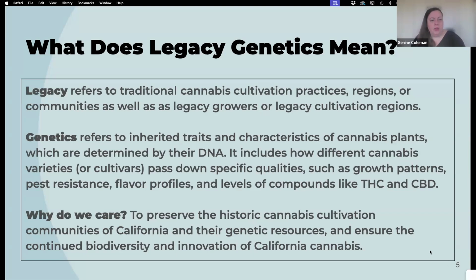So genetics refers to the inherited traits and characteristics of cannabis plants in this case, which are determined by their DNA. It includes how different cannabis varieties or cultivars pass down specific qualities, including growth patterns, pest resistance, flavor profiles, and active constituents like THC, CBD, terpenes, cannabinoids.